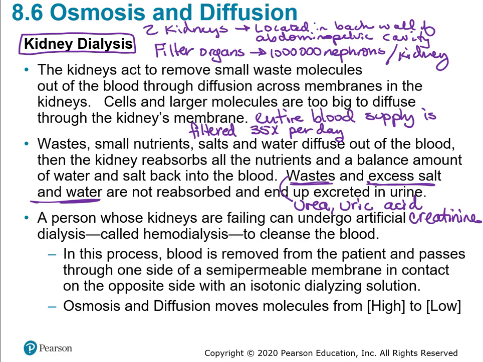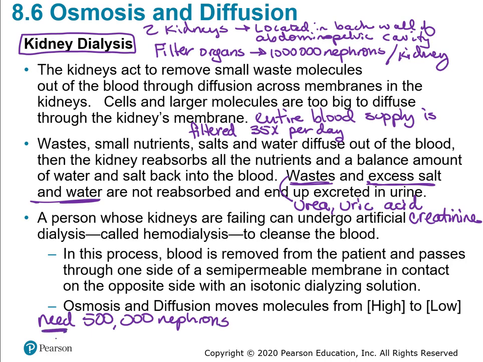But you don't want these to build up in the blood. So the kidney's job is to flush these out, along with excess salt and excess water. In fact, you only need a total of 500,000 nephrons. So you only need about 25% of the nephrons that you're actually born with.